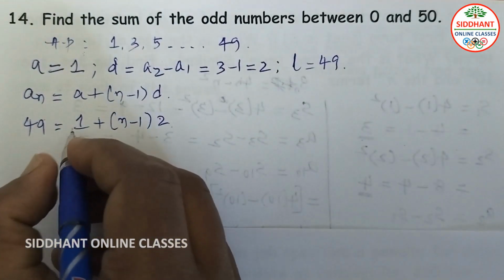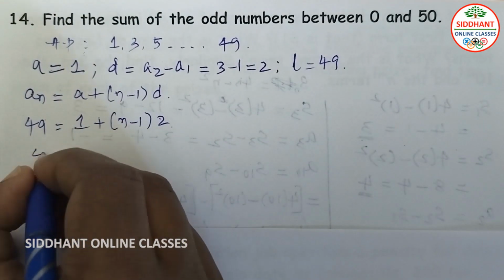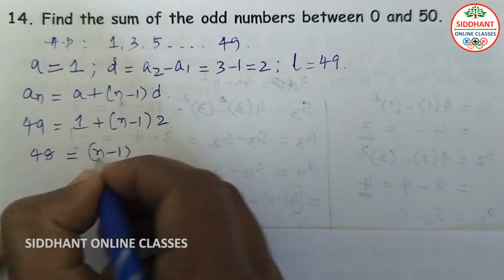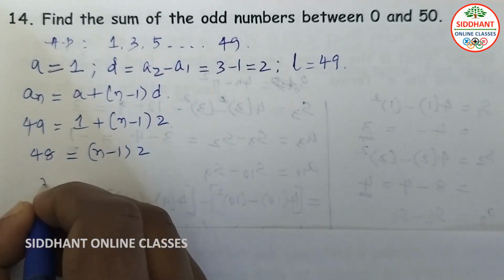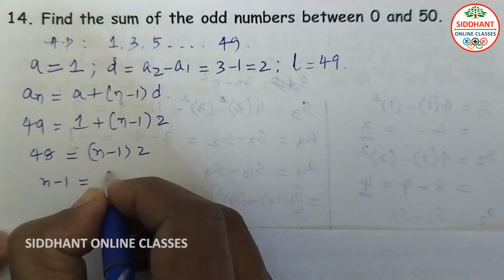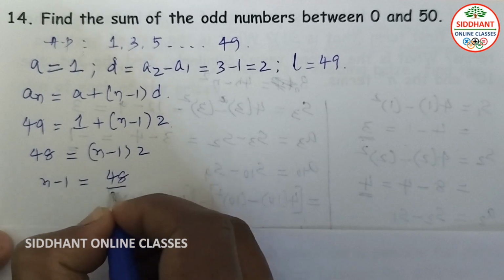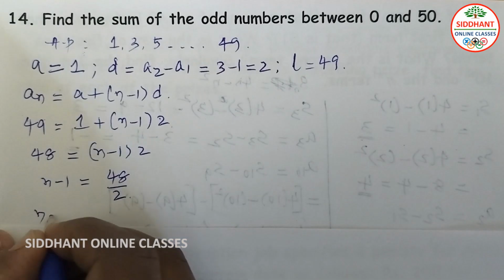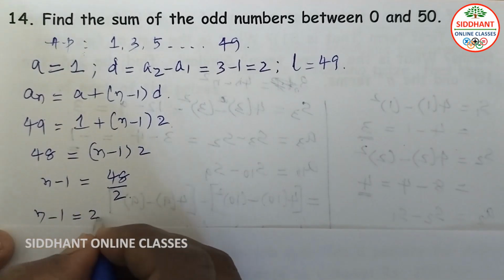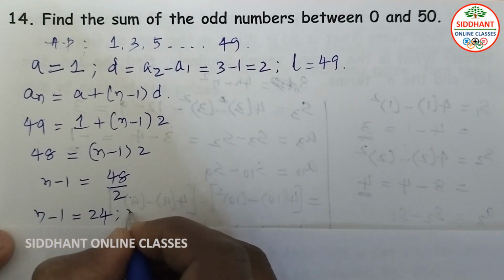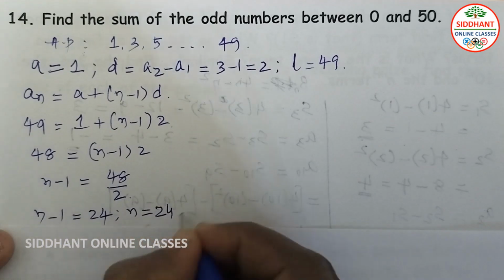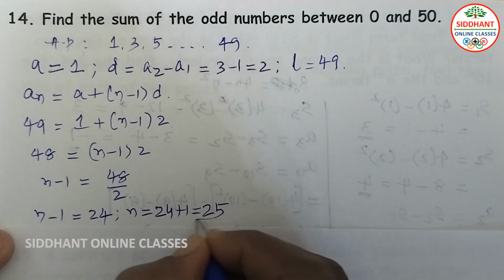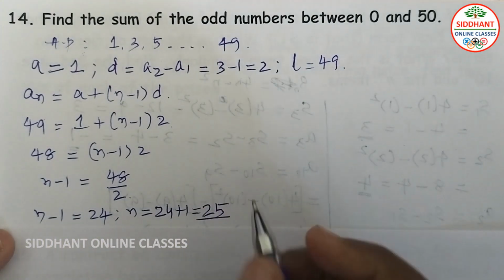So 49 minus 1, which will be 48, that equal to n minus 1 into 2. So n minus 1 equal to 48 by 2, so n minus 1 equal to 24, and n equal to 24 plus 1, that equal to 25. So n value is 25.